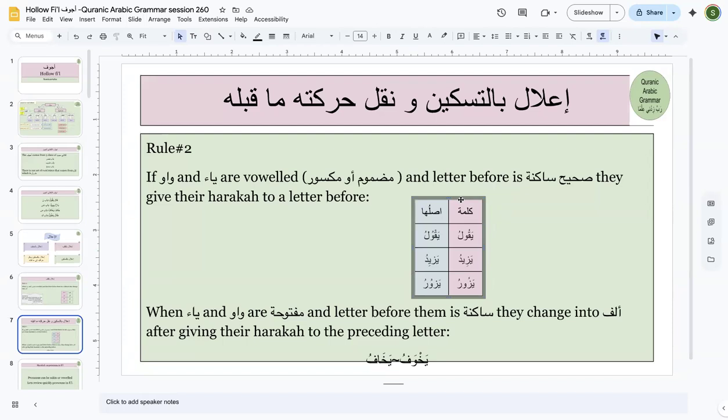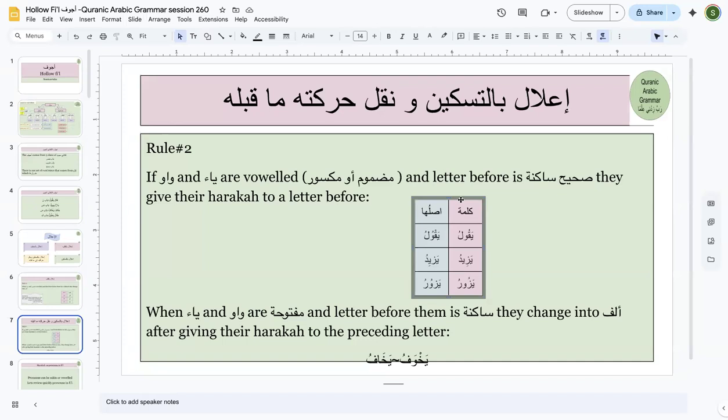So what is happening now? The ya and waw are voweled. However, the letter before was sakin, and it was sahih sakin. So how are they behaving in here?